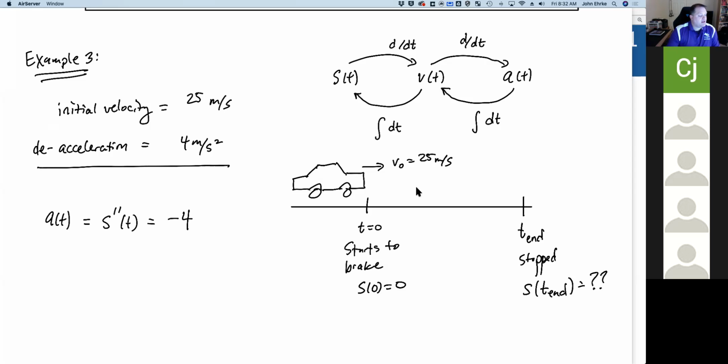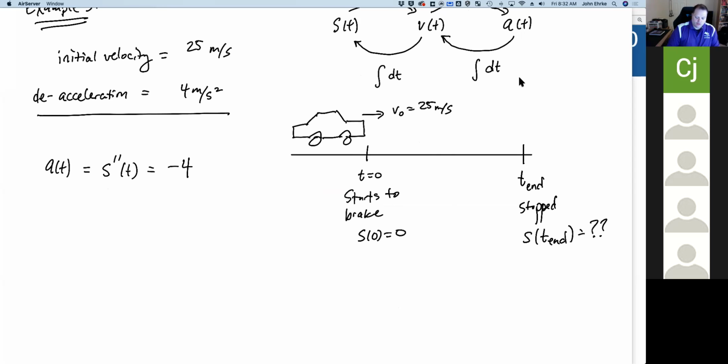You see that inherently, when I wrote this down, I've given you two pieces of information. We've assumed that the initial position was 0. So that's information about initial position. And we were told the initial velocity was 25. So that's the initial velocity part.